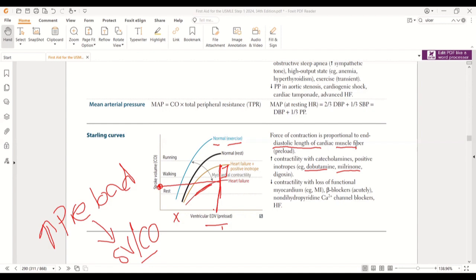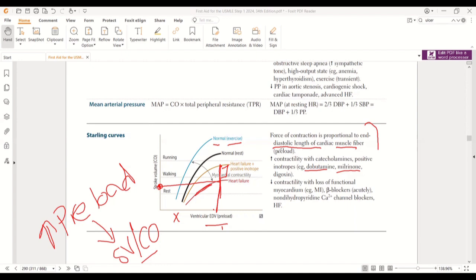Another definition of preload is the end diastolic length of the cardiac muscle fiber. So the contraction is dependent on the preload, right? If you have increased preload, it means increased force of contraction, right?